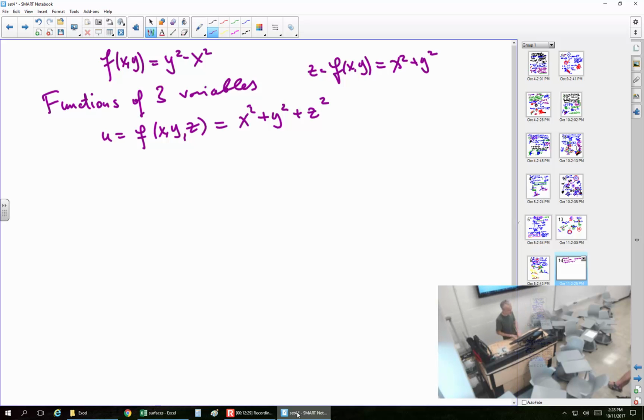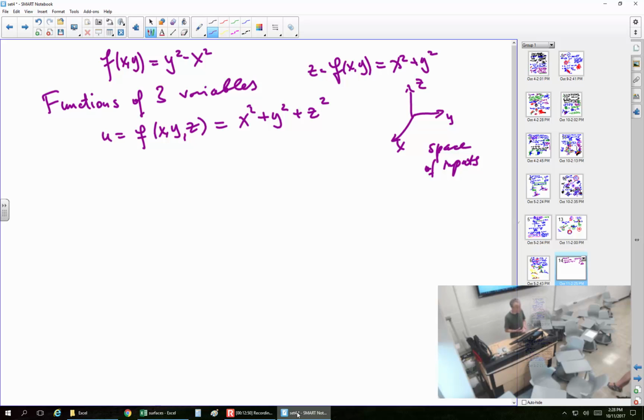X, y, and z, we can still choose them to be in our three-dimensional space. Okay, but this time, this is the total space of inputs.